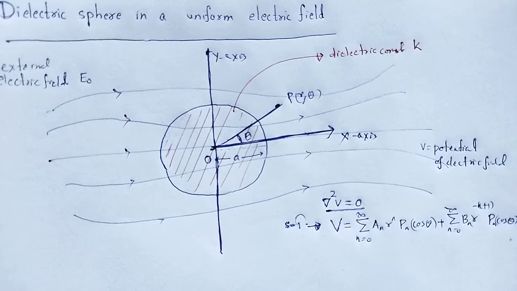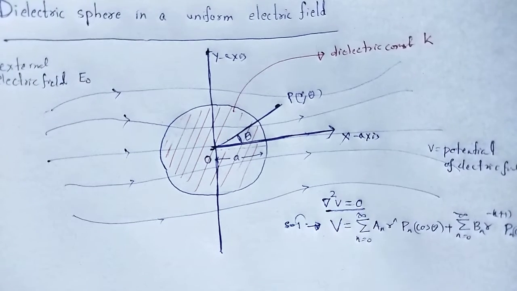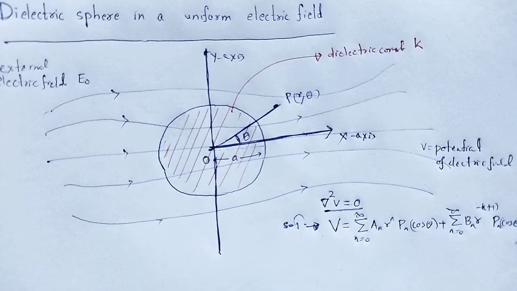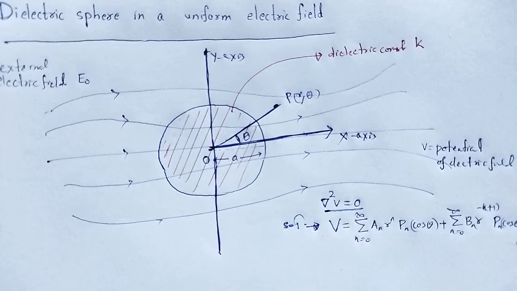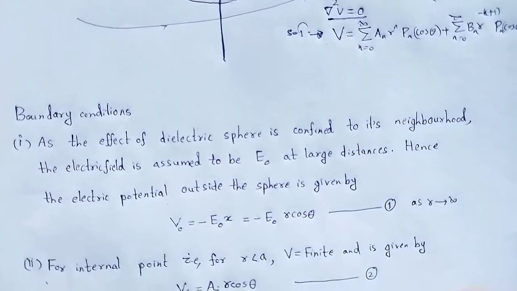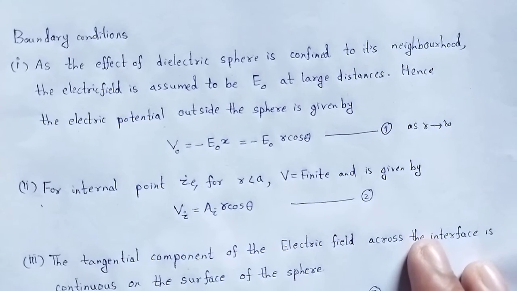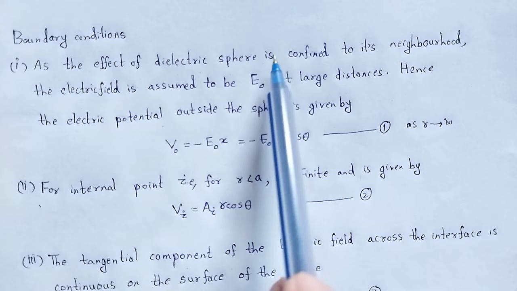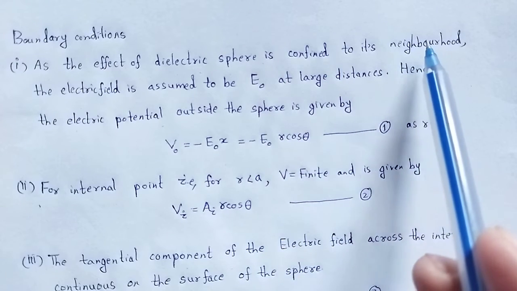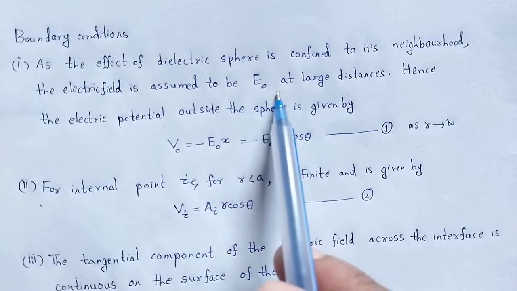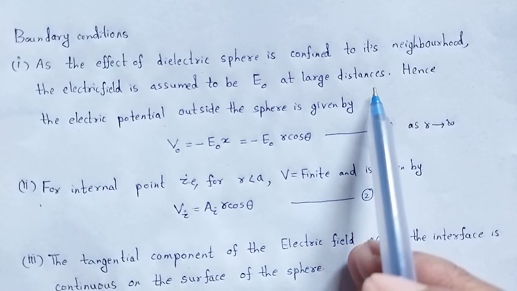Now we take the boundary conditions related to dielectric sphere in a uniform electric field. What are the boundary conditions? Take a look here. As the effect of the dielectric sphere is confined to its neighborhood, the electric field is assumed to be E naught at large distances.